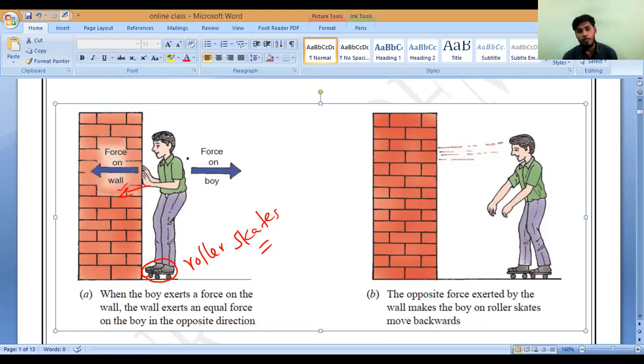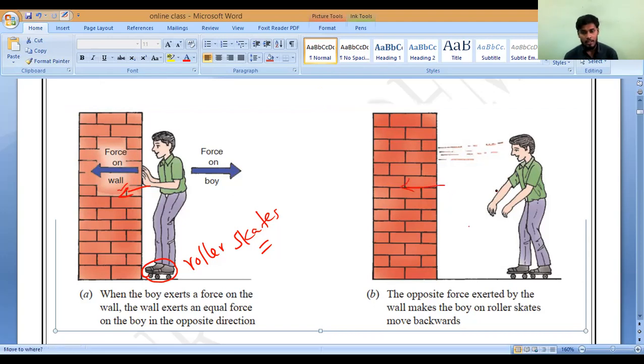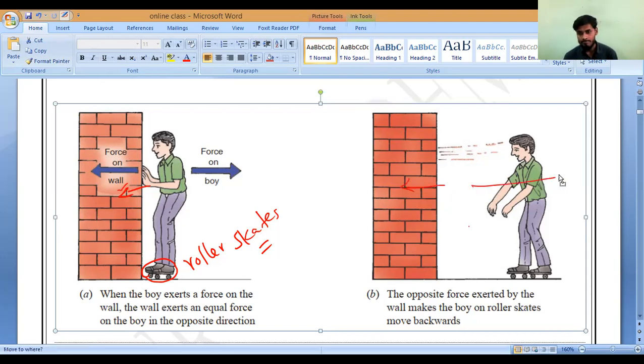But in the second picture, if you observe, if he pushes this wall in the forward direction, which direction does he move? Backward direction. You may see here, once he pushes the wall in the forward direction, he comes backward. Means the wall is also exerting force on this boy. But the boy alone is moving, the wall is not moving.